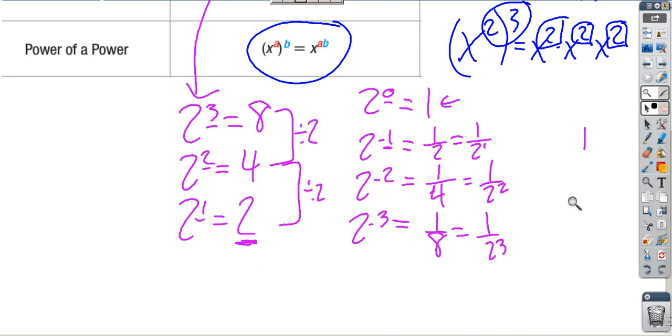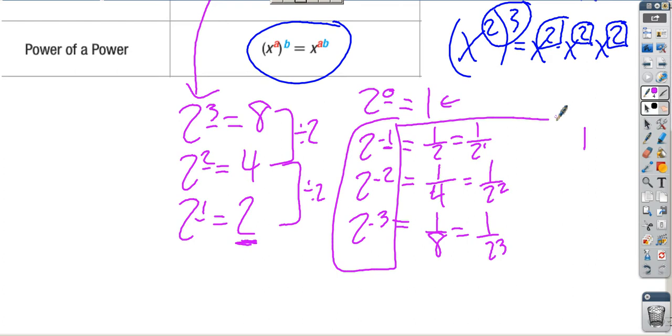When you're raising something to a negative exponent, that's the same as 1 over 2 to the positive version of that exponent. So the rule for negative exponents is you flip the exponent to the bottom of the fraction, and then you make the exponent positive. Flip it and make it positive is the rule for negative exponents.